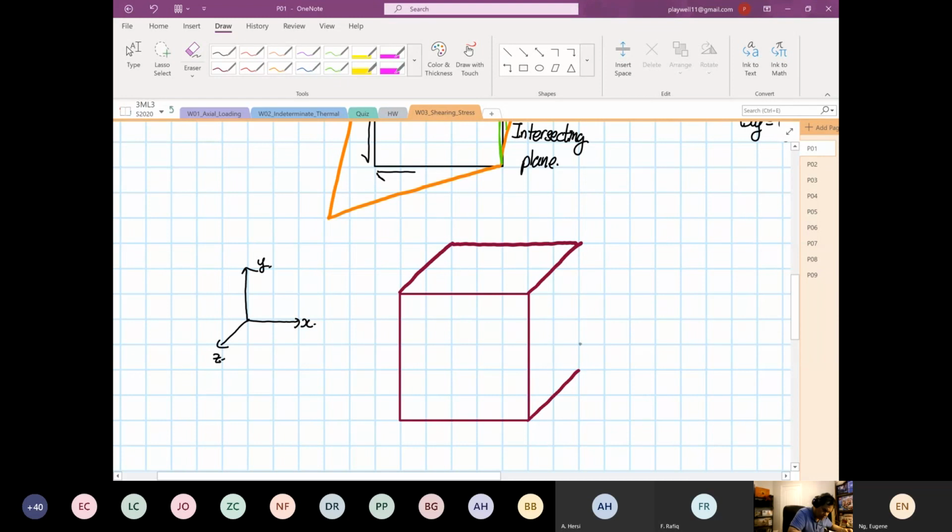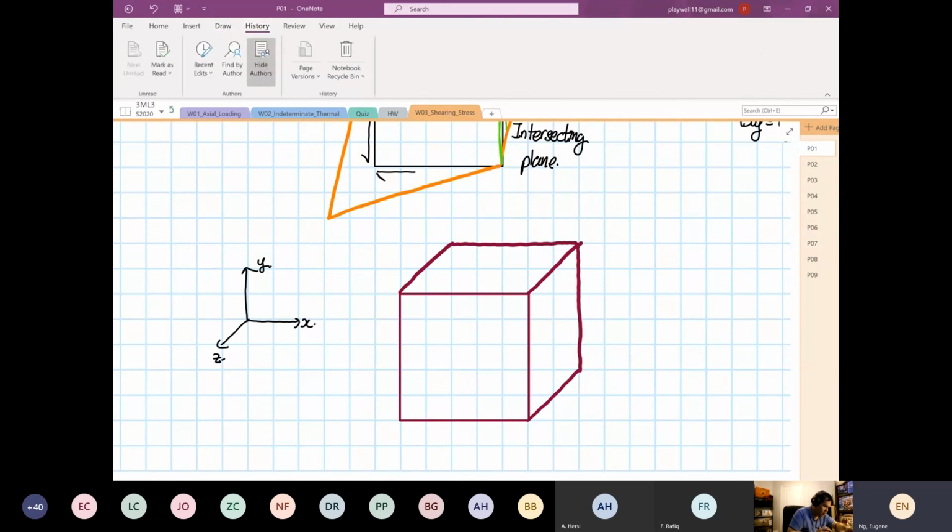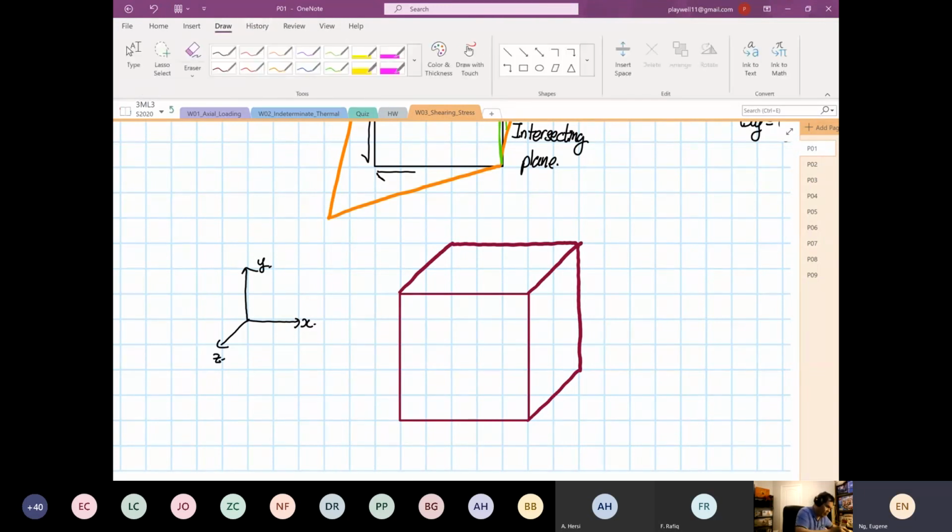Right, so as we have labeled the first one, this will be your shear. So this is a shear X plane intersecting, Y direction shear stress. So this is the shear Y plane intersecting, the shear stress is in this direction.